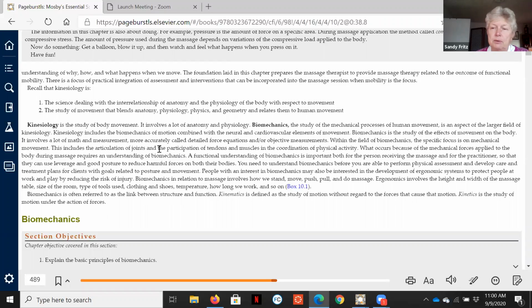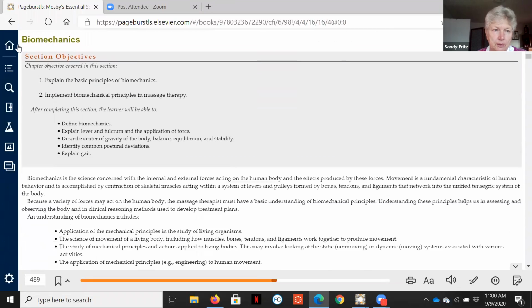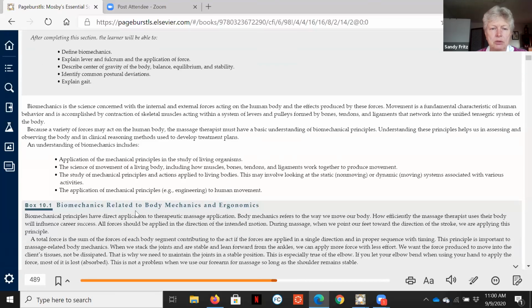So we're going to see if we can clear some of that up and talk about the importance of being able to speak a common language instead of our own unique language. This section right here is going to give you the overview of that and what that's all about.